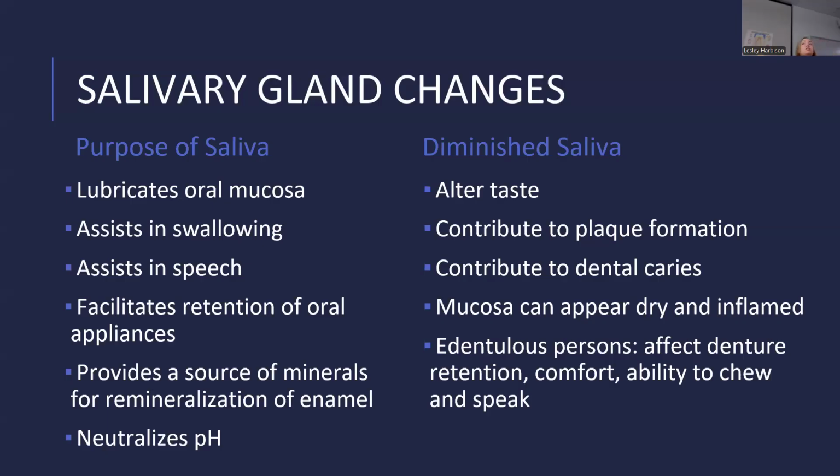There's lots of different kinds of saliva substitutes out there. So those are the things that we want to encourage. And this slide is review for you, the purpose of saliva, and then what happens when we have diminished saliva. You guys have certainly reviewed this and the importance of saliva in cariology in Sarmiento's class as well.